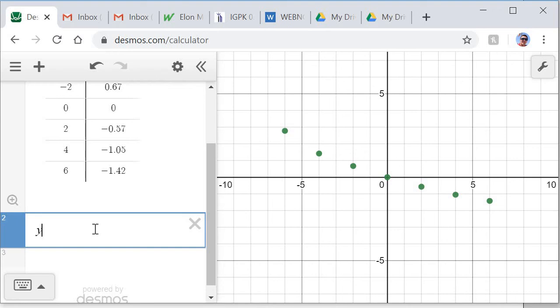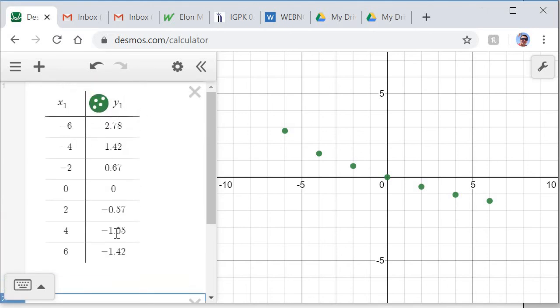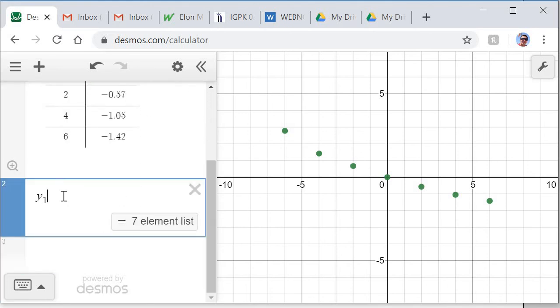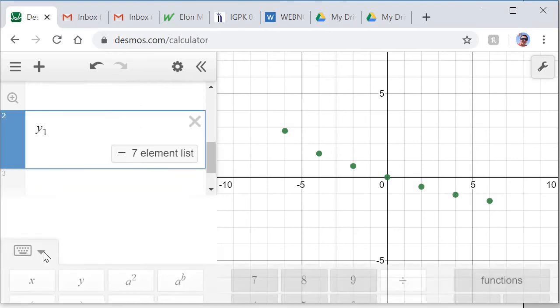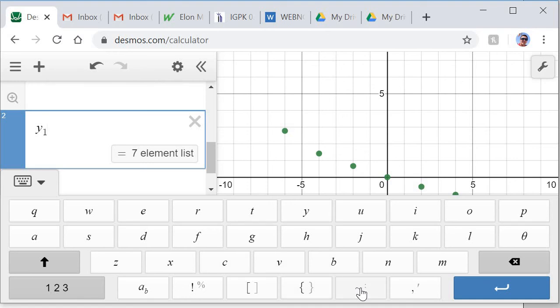In order to do that, go to a second cell and type in y1. And y1 is the table of values for the Y's. Then we go to our keyboard, type in ABC, and find this approximation symbol.